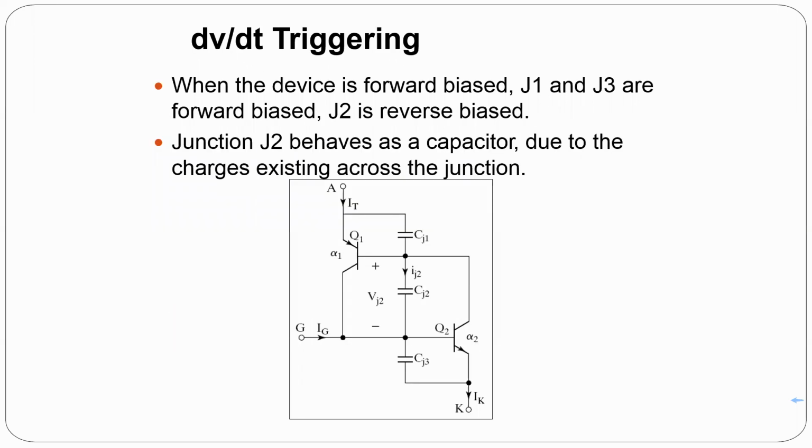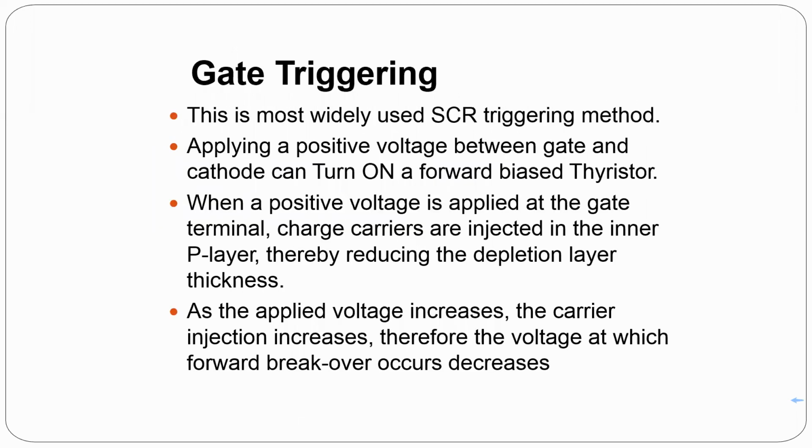Whenever the J2 junction becomes forward biased, the thyristor turns on automatically. Gate triggering is the common method and is widely used for turning on a thyristor. In this, we provide a firing pulse at the gate terminal, which forward biases the J2 junction, and the thyristor goes to the conduction mode.